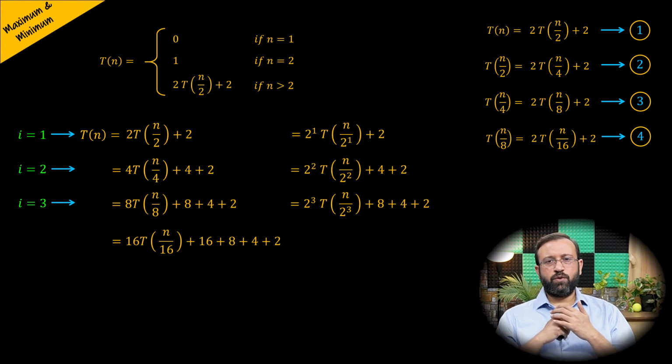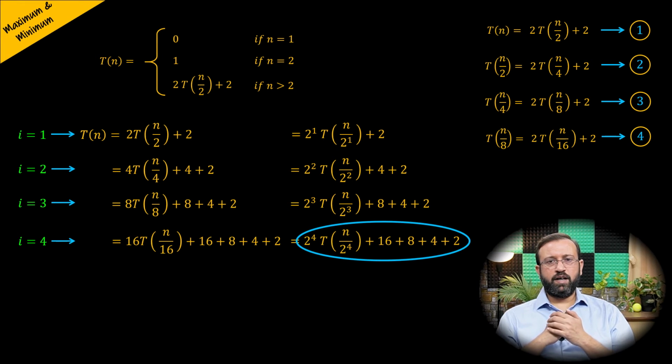Then for the fourth substitution, that is i is 4, we have 16t of n by 16 plus 16 plus 8 plus 4 plus 2, which can be written as 2 power 4 t of n by 2 power 4 plus 16 plus 8 plus 4 plus 2.